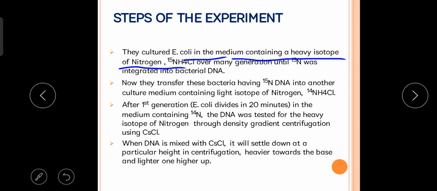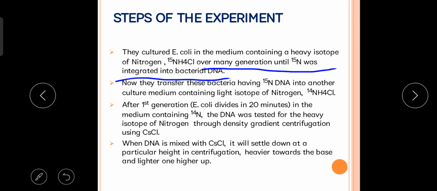They cultured E. coli in this medium over many generations until the 15N isotope was integrated into bacterial DNA.